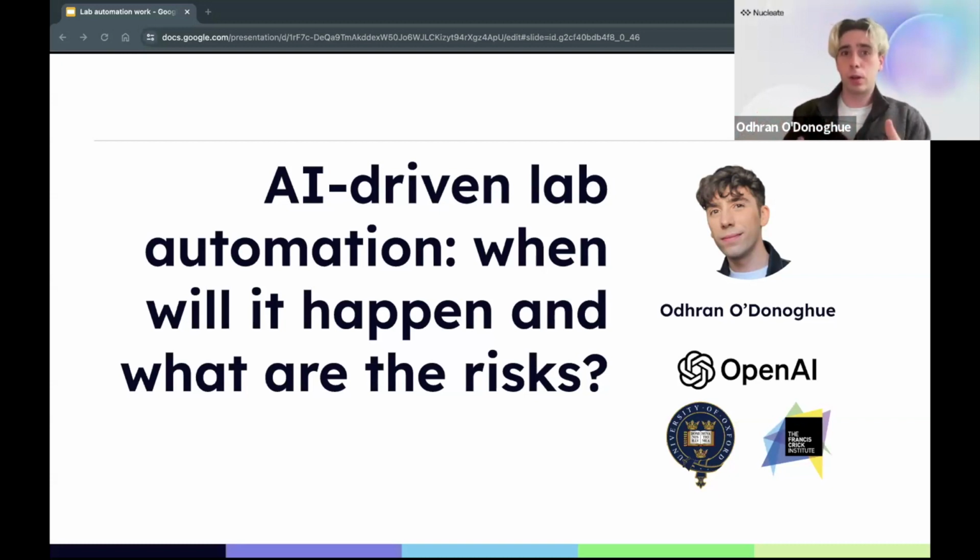This is where a lot of my ideas around AI-driven lab automation have come from. After that, I've been contracting with OpenAI, and in that role, I focus on AI for pandemic preparedness, natural sciences, and global health. In my wider thinking outside of this role, I continue to work with various people in the lab automation space on this idea of AI-driven lab automation.